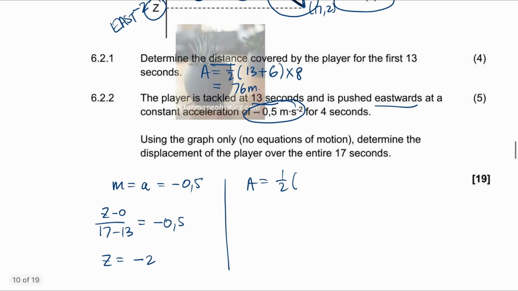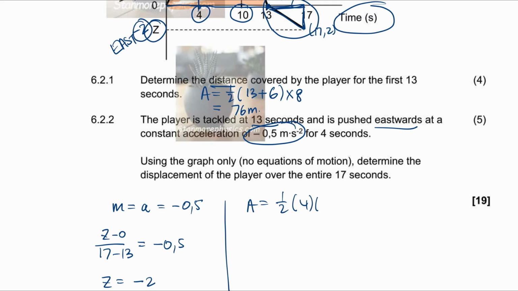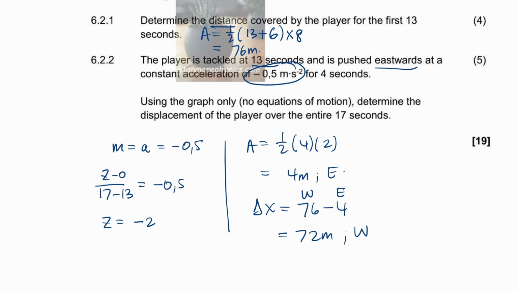So half the base is 4 multiplied by the height. I'm not going to include the negative sign here because I know that I'm going to subtract anyway. So 2, and that's equal to 4 meters, and this is easterly. So in order to calculate the displacement is going to be 76 minus 4 because this was west and this is east. So that's equal to 72 meters west.